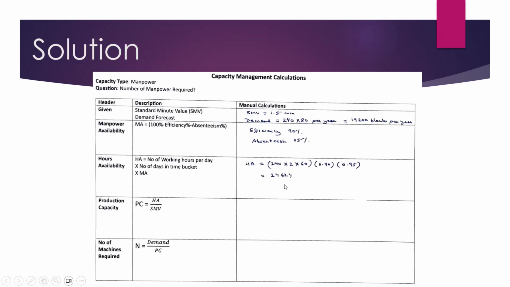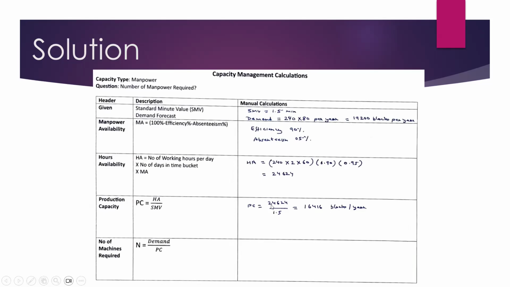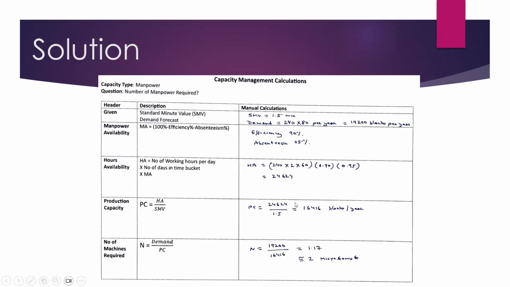So it was 24624 minutes. So production capacity is, we have this many minutes in the following year, and for 1 unit of task, microtomists need 1.5 minutes. So a single microtomist can cover 16,416 blocks per year. So the number of microtomists required is 2 microtomists in the following year.